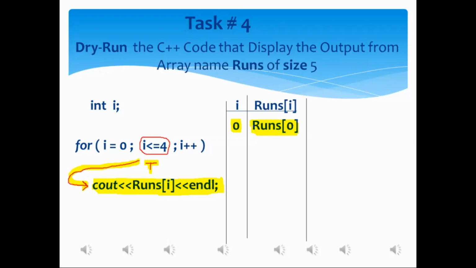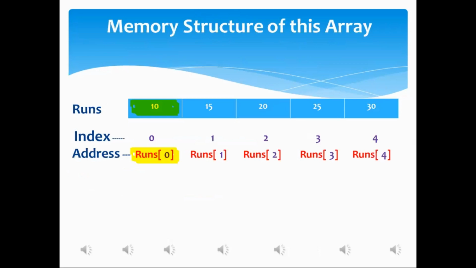And to know what has been stored in the array's very first memory location, we need to have a virtual visit to the memory structure of the array. Are you ready? Ready, sir. Okay, now we are going to visit it.